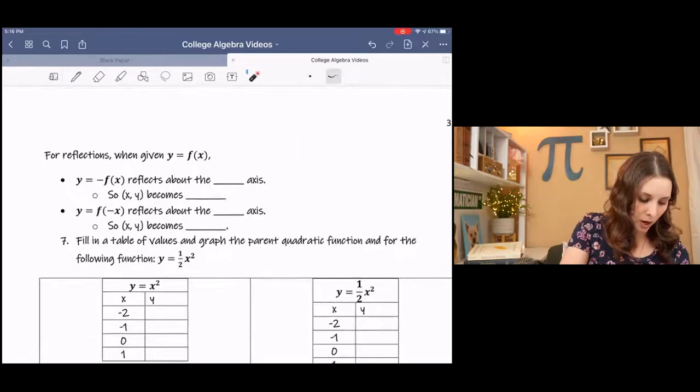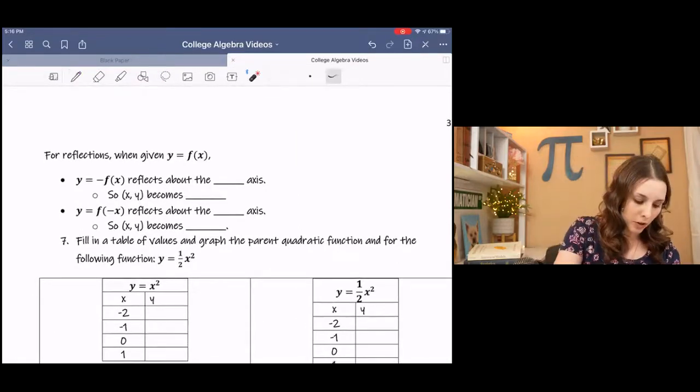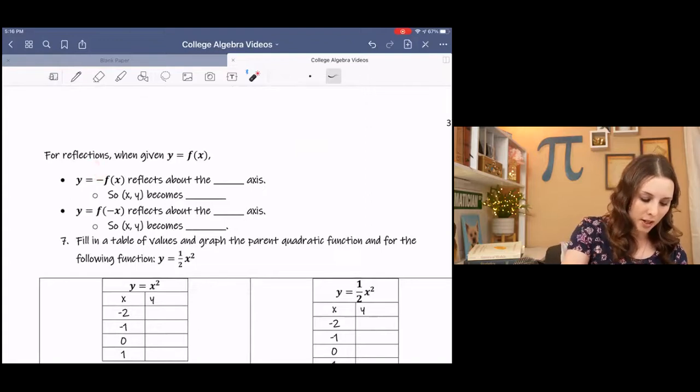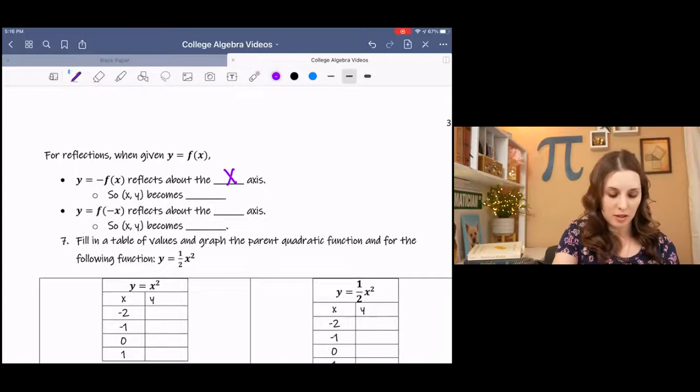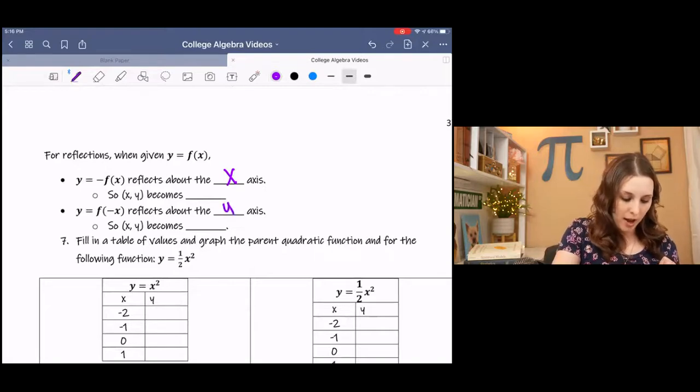And just to summarize, when we have this negative on the outside, it's a reflection about the x-axis because it flips from up here to down there. And when the negative is on the inside, it flips about the y-axis.